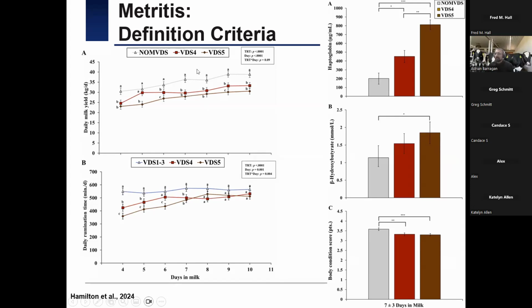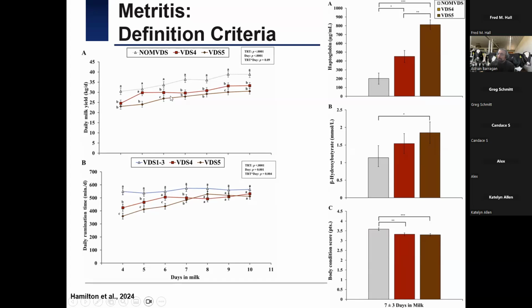But basically these animals had metritis, vaginal discharge score 4 or vaginal discharge score 5. The brown diamond and the red square were the score 4, and the normal ones would be the light gray triangles. Okay, so what you can see there is that it didn't matter if they had vaginal discharge score 4 or 5. Daily milk yield was decreased in both groups, right?